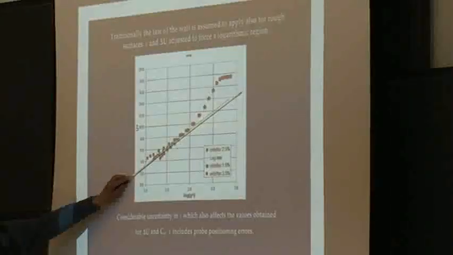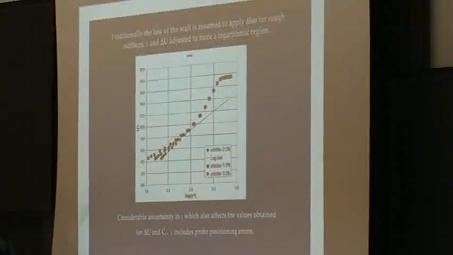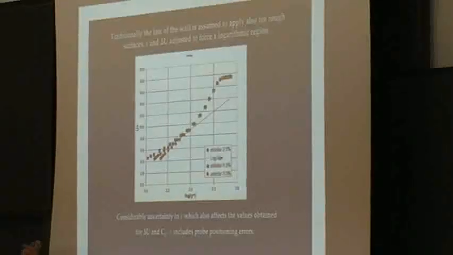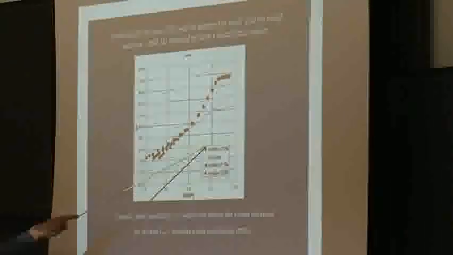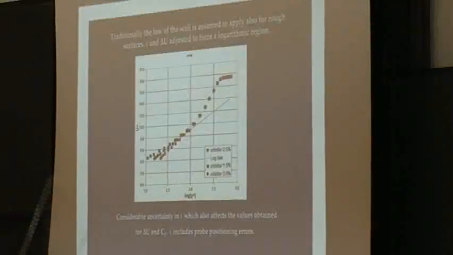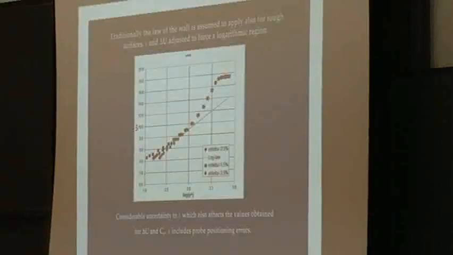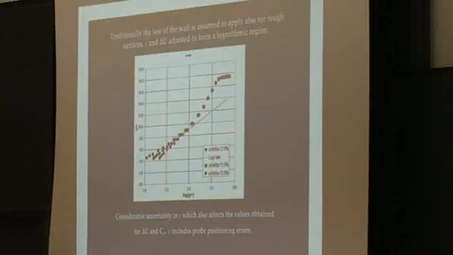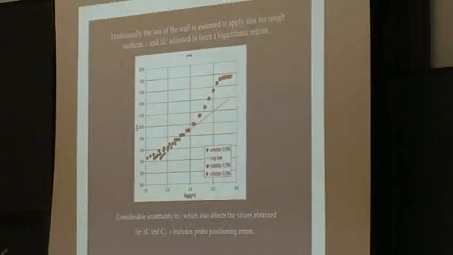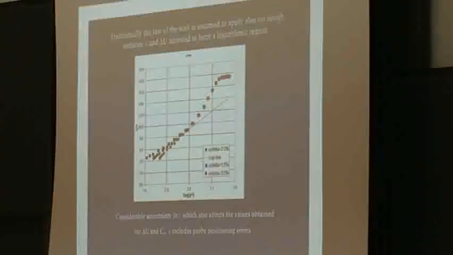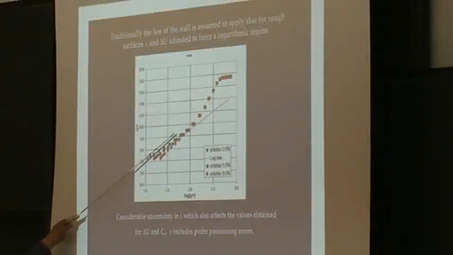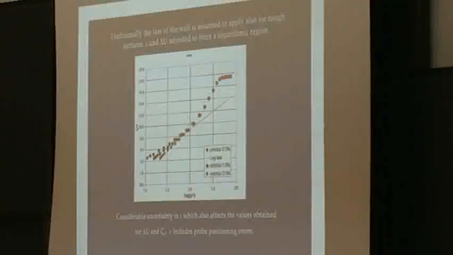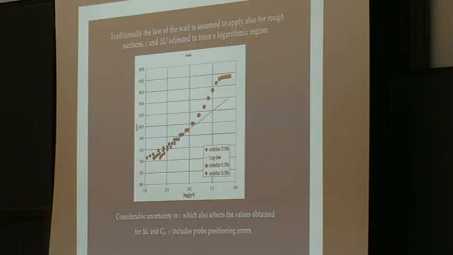If you say that, okay, the slope needs to be the same as in the smooth case, then if you keep everything else constant, you will find that there will be only one shift, which gives you a collapse with the law. But if you let both epsilon and delta u and u tau be variables, you will see that you can get very many solutions here, which appear to be just as good as the other.